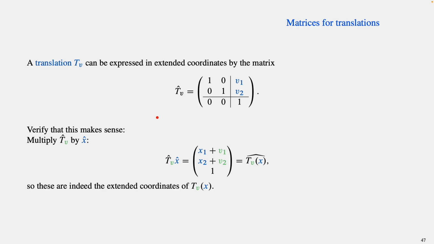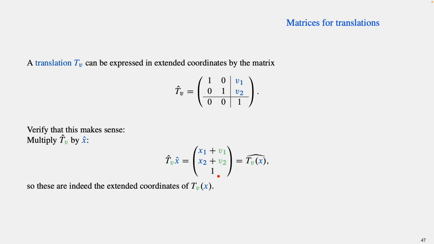Now we verify that this notation makes sense. So we multiply t hat index v by x hat, the extended coordinates of vector x multiplied by the extended coordinate representation of the translation. And what we get is this vector here, x1 plus v1, x2 plus v2, and 1.